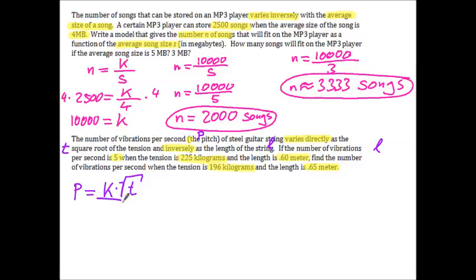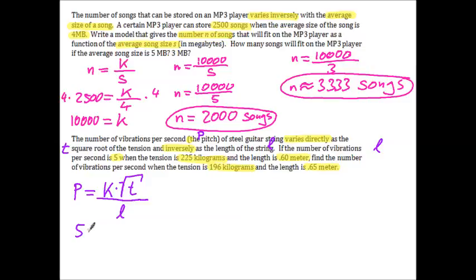Directly means it multiplies the constant of variation, but then it varies inversely as the length of the string, so our variable L goes into the denominator. And here is our equation, and the next thing we do is we plug in the numbers that we were given in the one case.